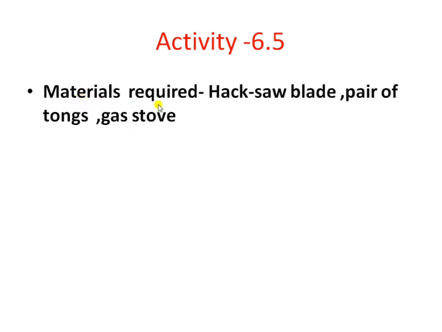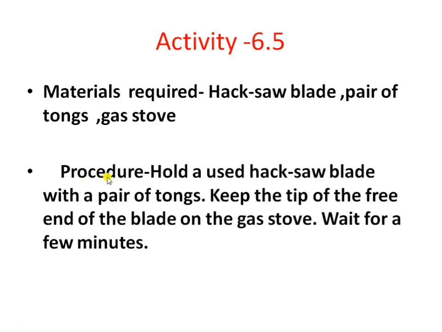The materials required for this activity are a hacksaw blade, a pair of tongs and a gas stove. The procedure of this activity is, first hold a used hacksaw blade with a pair of tongs, then keep the tip of the free end of the blade on the gas stove, then wait for a few minutes.